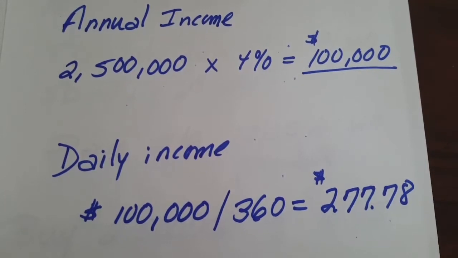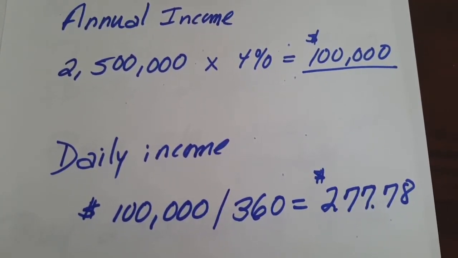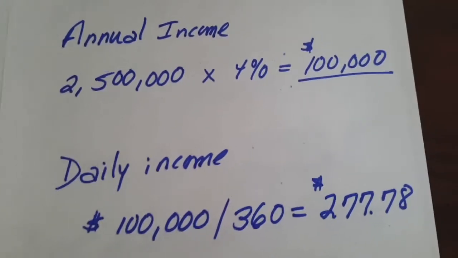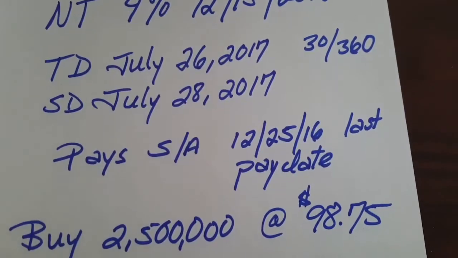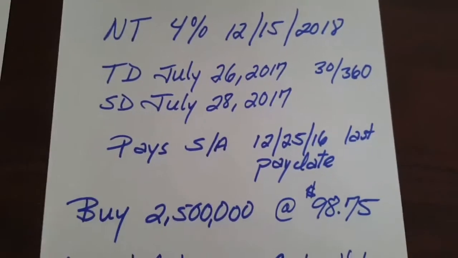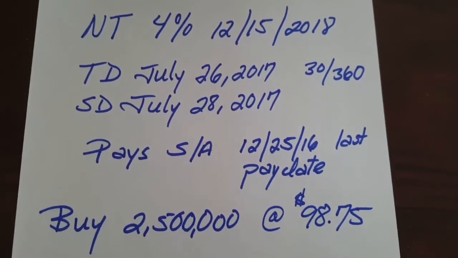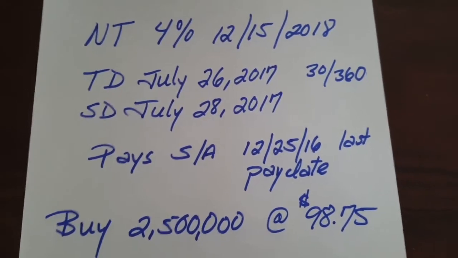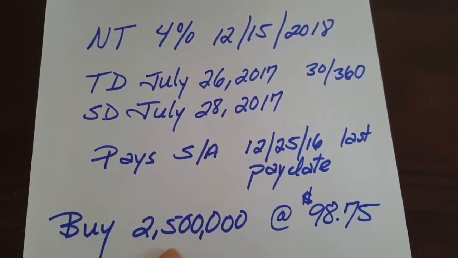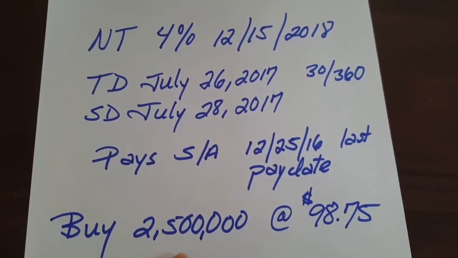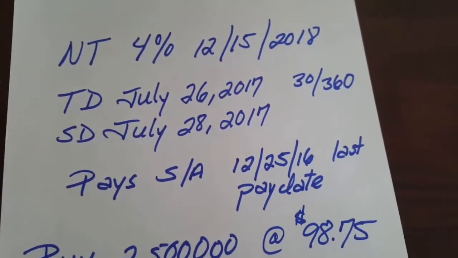Okay? So after I calculated my daily income, the next thing to do is to calculate the number of days in the period, okay? Why? Well, I'm going to need it to calculate the amount of income that I'm going to purchase when I purchase this 2.5 million bonds from the previous holder.